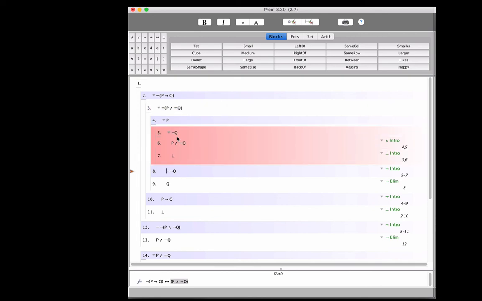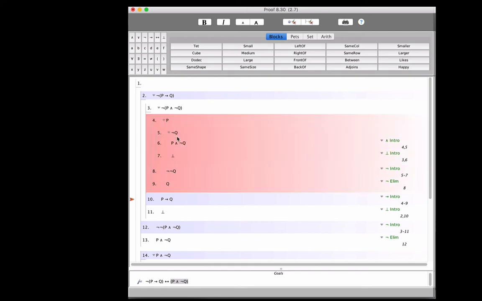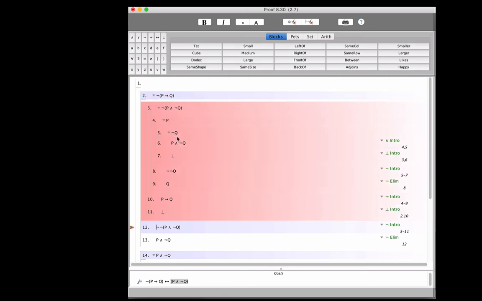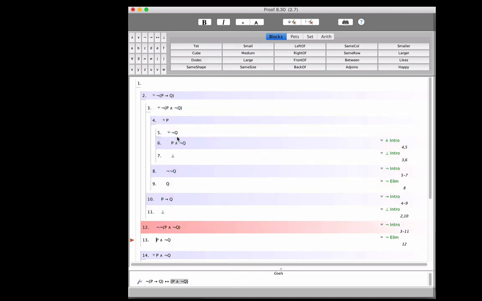That gets us negation intro, not Q, which is eliminated to Q, which gets us P then Q, which contradicts line 2. That means the assumption at line 3 is not the case, and when the negation's eliminated, we get line 13.